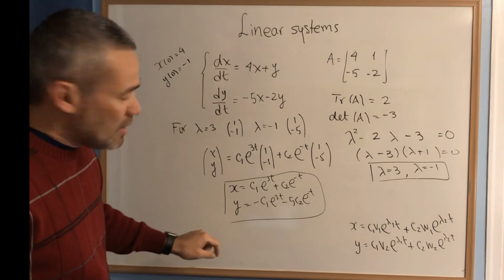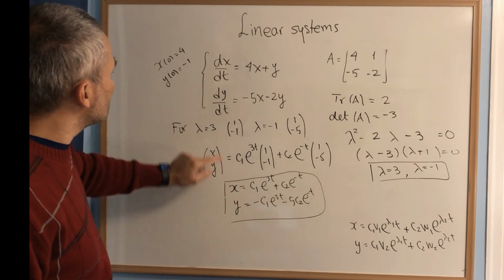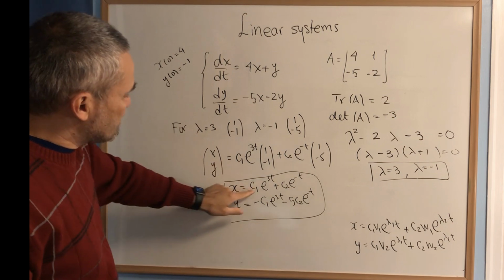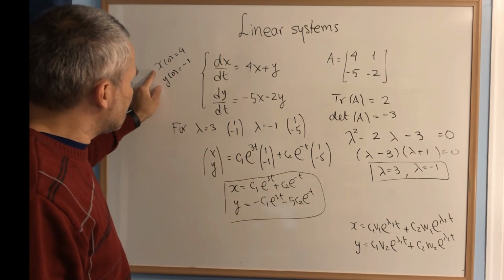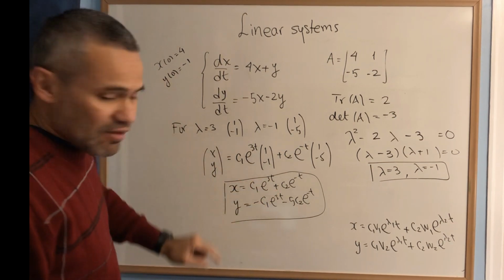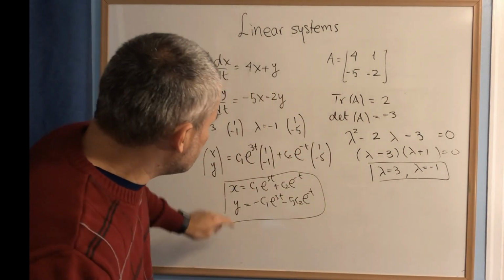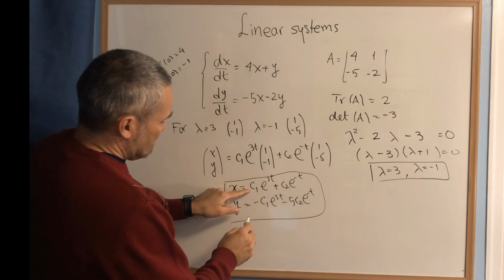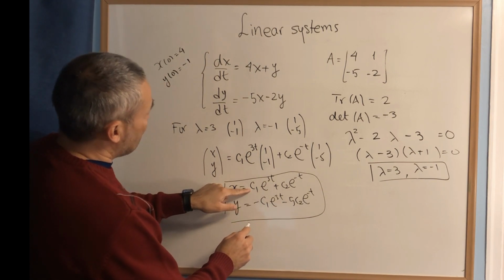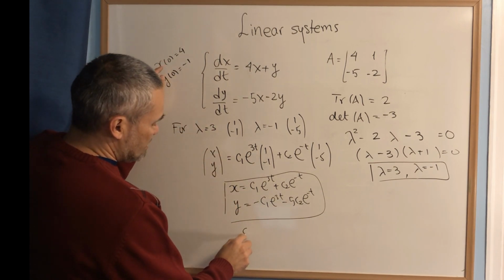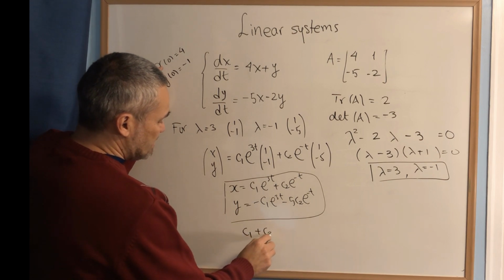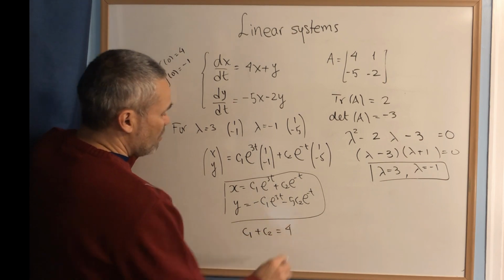What do we do? We find the general solution, and then we find the constants c1 and c2 that satisfy this condition. Let's see how difficult this is going to be. It's going to be just solving a linear system. When we replace t by 0, we get c1 plus c2 equal 4. Right?